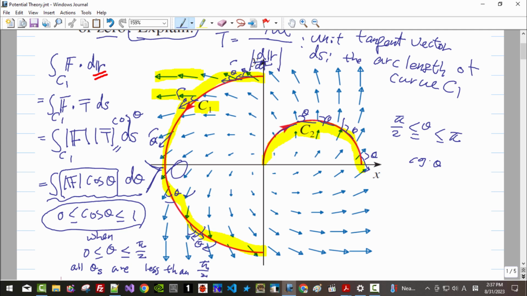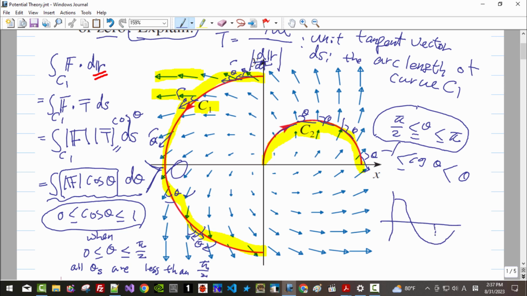Cosine theta is greater than negative 1, less than 0, because the cosine graph makes a shape like this.